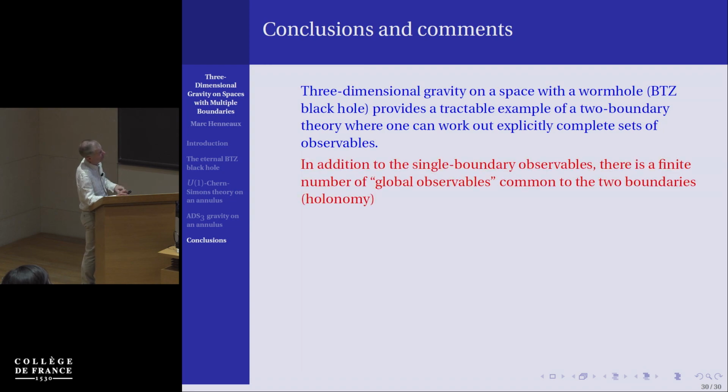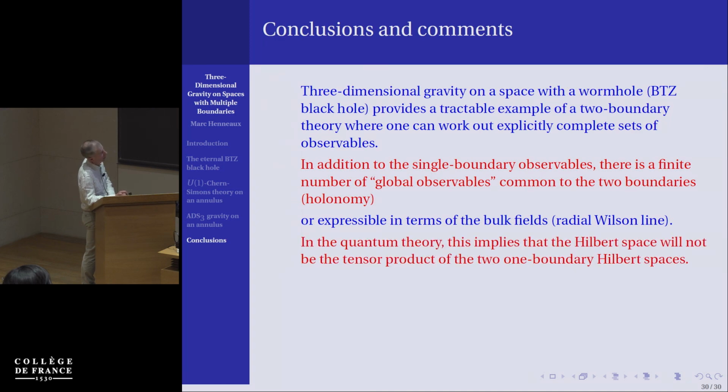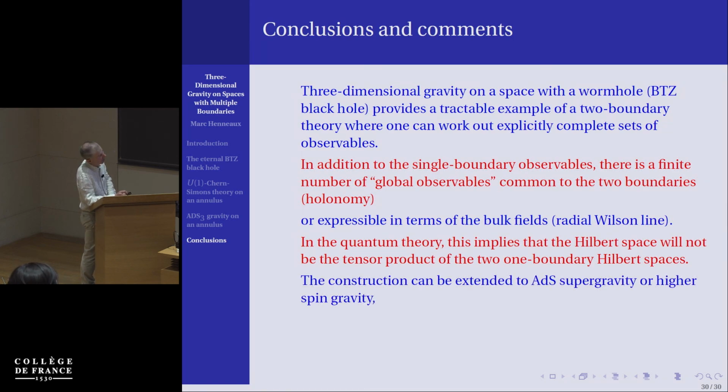These observables are single boundary observables, but in addition, there is a finite number of, let's say, global observables common to the two boundaries. The holonomy can be expressed in terms of boundary data, but then there is also its conjugate, which is a radial Wilson line, which cannot be expressed in terms of boundary data. That means that the Hilbert space in the quantum theory would not be the independent tensor product of two one-boundary Hilbert spaces.